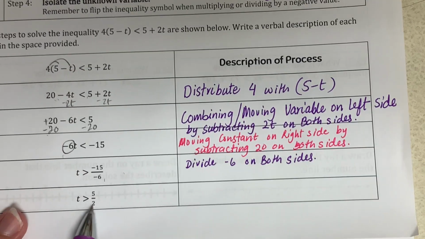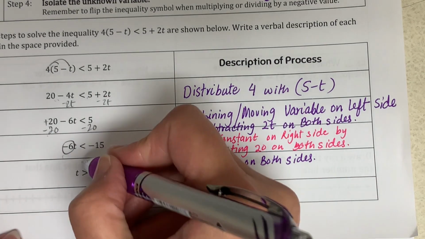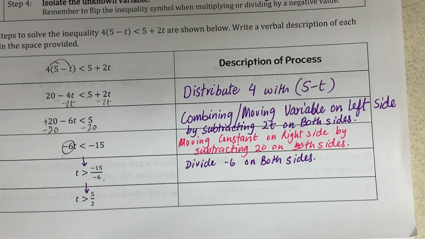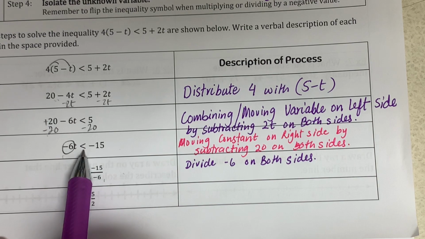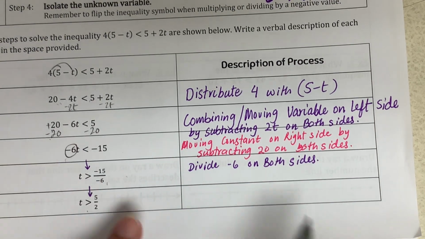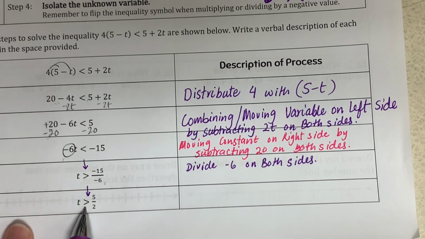And then we simplify. Now, if you notice, this inequality is flipped. It was less than and now it is greater. The reason is after you divide by a negative number, you actually flip the inequality.